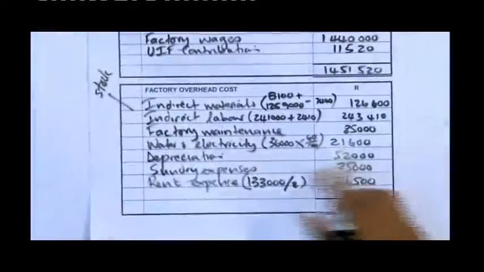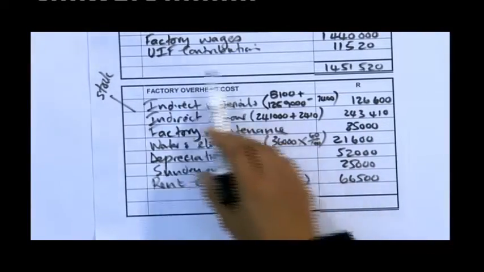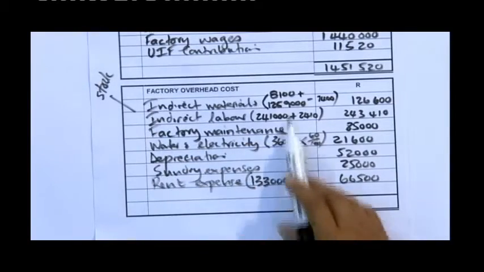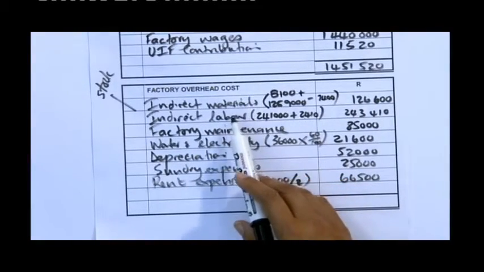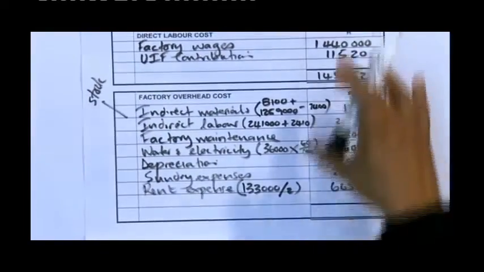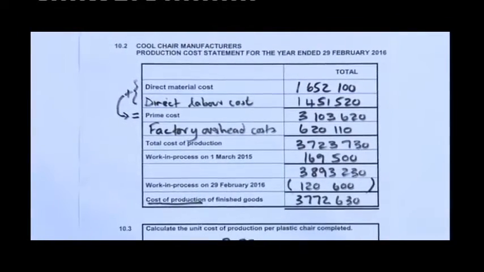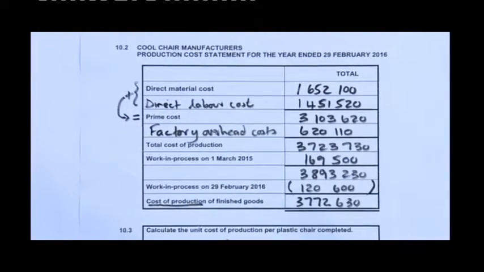And then you're going to have to know what your factory overhead costs are. All your indirect components, these are factory related costs, but they are not directly attributed to the item that is being made. If you divide it like that, and then you complete your production cost statement, then you are well on your way of understanding this work. Okay.